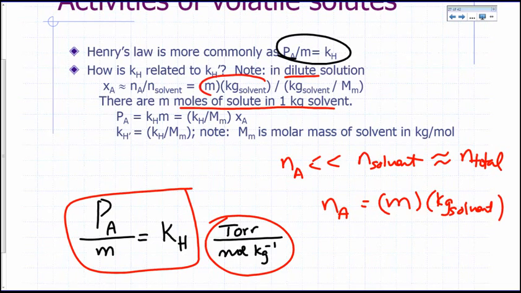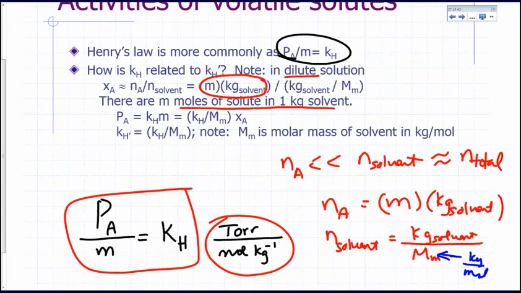Okay, so that's what you have right here. That's moles of solute. And moles of solvent would be however many kilograms of solvent you have divided by the molar mass of the solvent, which has to be given in kilograms per mole. So keep in mind that this must be in kilograms per mole, so your kilograms will cancel out.